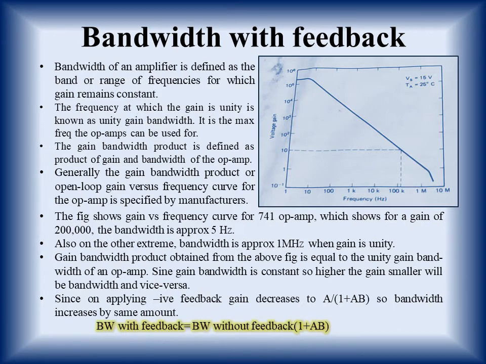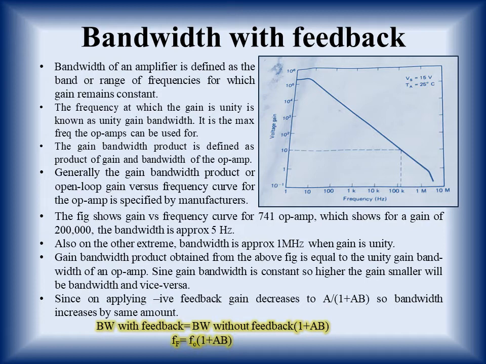Bandwidth with feedback is equal to bandwidth without feedback into 1 plus AB. Or in terms of frequency, frequency with feedback is equal to frequency without feedback into 1 plus AB.